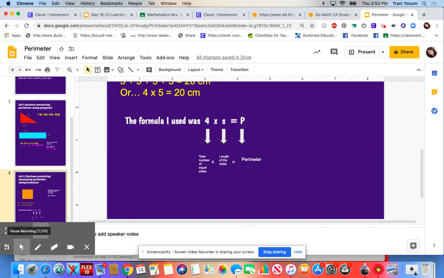So, boys and girls, the formula I used was 4 times S equals P: the total number of equal sides, 4, times the length of each side, which was 5, equals the perimeter, which was 20 centimeters.